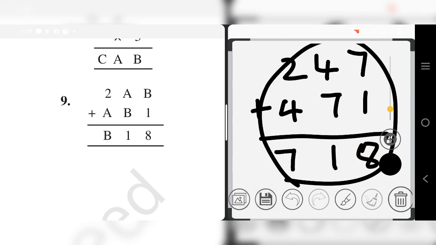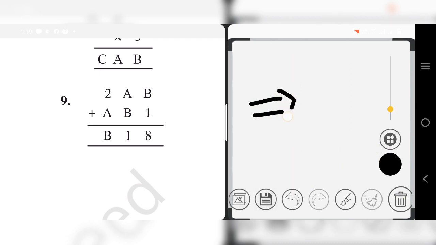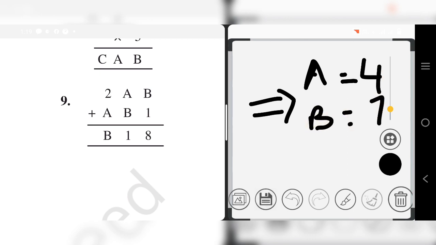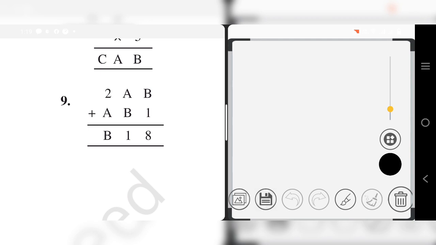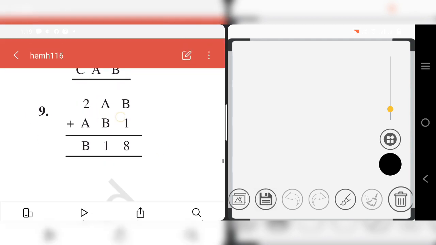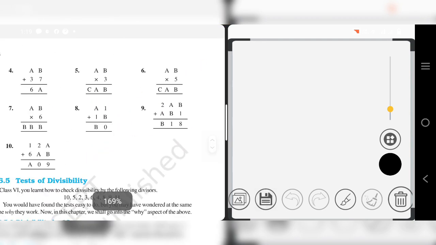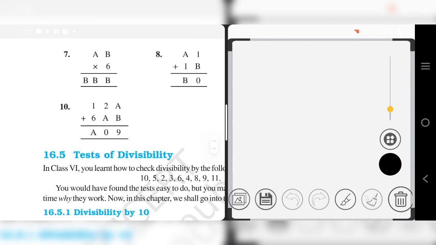We have found the answer. Now let's write it. Therefore, the value of A is 4 and the value of B is 7. Yes, we have found this. Next, the last and the final question, I hope. The 10th one.